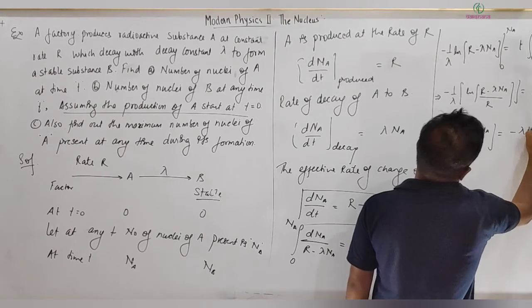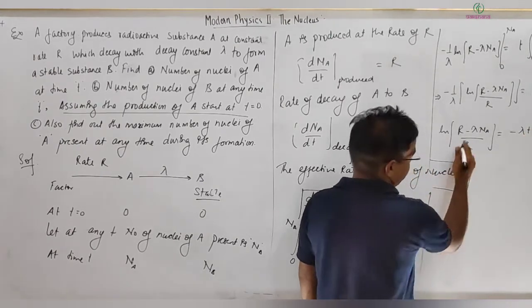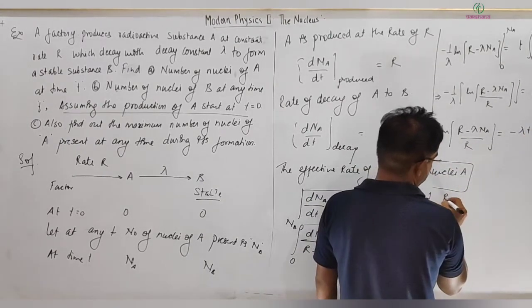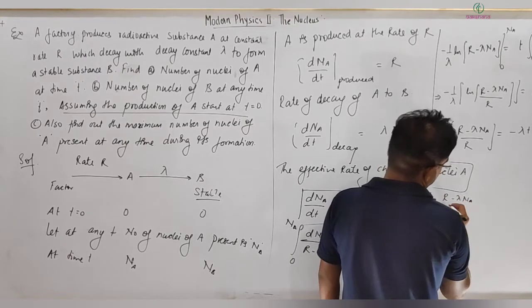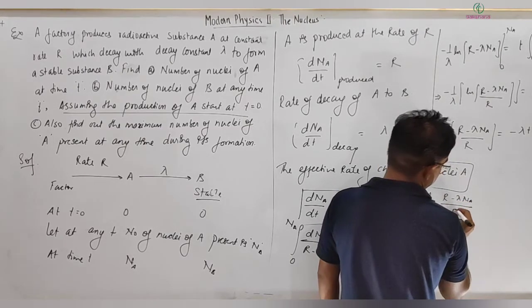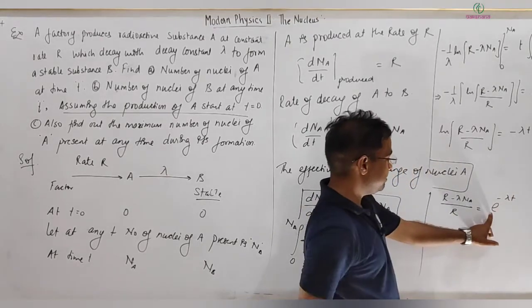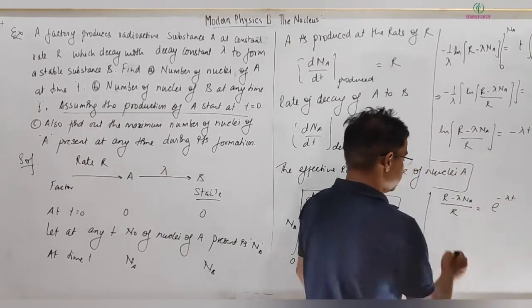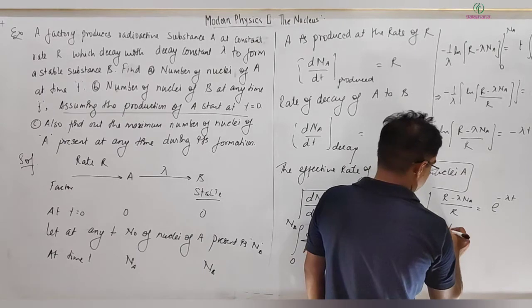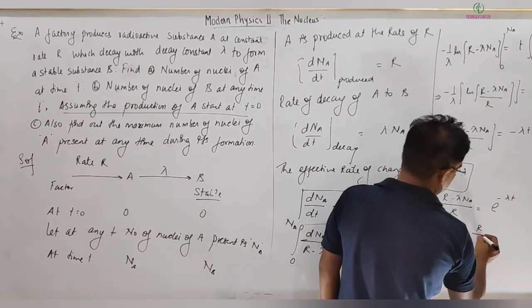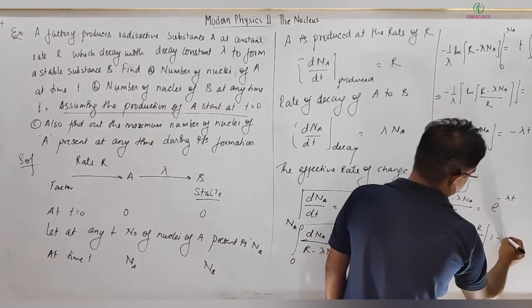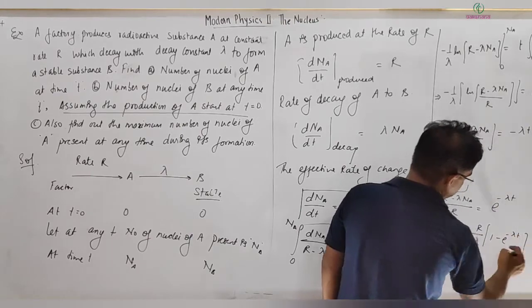I can multiply it to the other side, so ln((R minus lambda NA) divided by R) equals minus lambda t. This can be further written as (R minus lambda NA) divided by R equals e raised to the power minus lambda t. R can be multiplied here and I am rearranging. Finally I am getting NA equal to R by lambda times (1 minus e raised to the power minus lambda t).